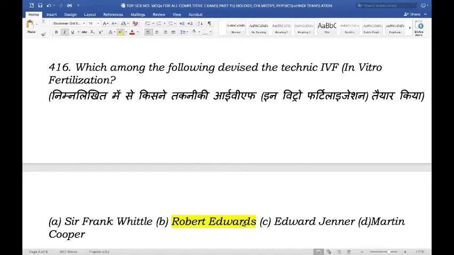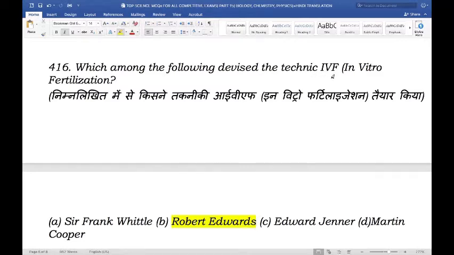The physiologist co-developed the treatment with Patrick Steptoe and embryologist Jean Purdy, but the latter two were not eligible for consideration as they had died, and you might already know that the Nobel Prize is not awarded to individuals who have died.